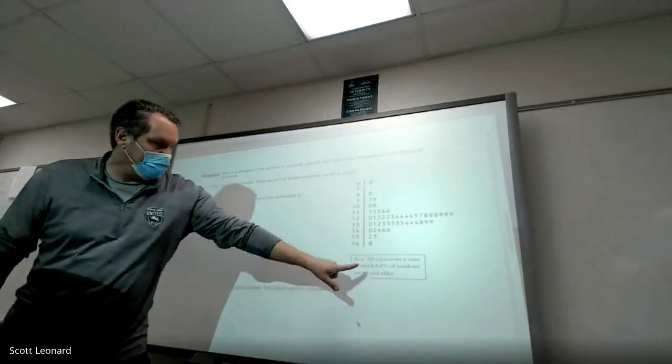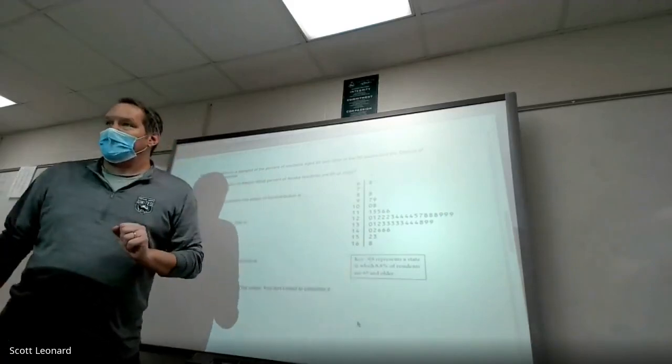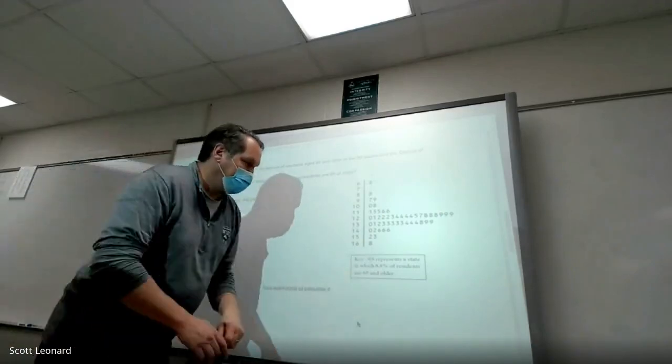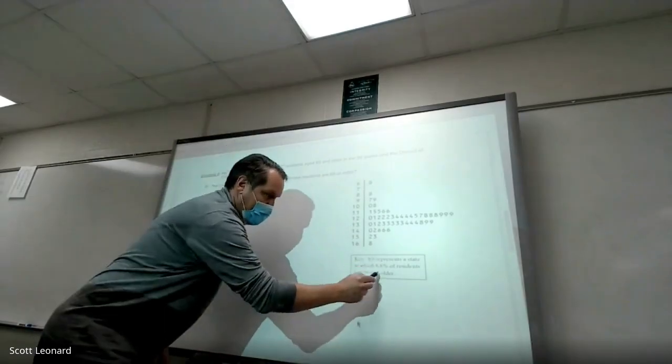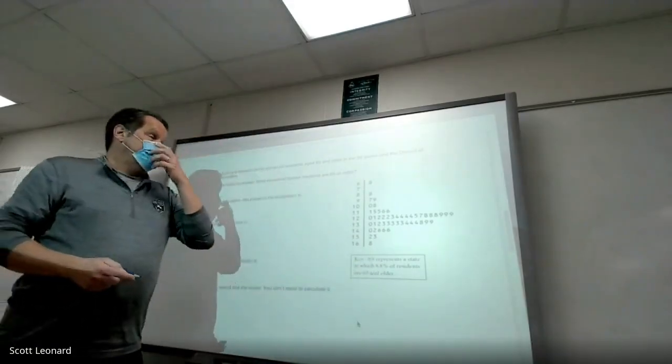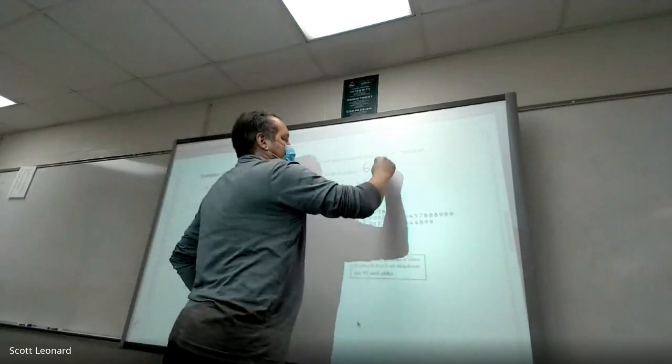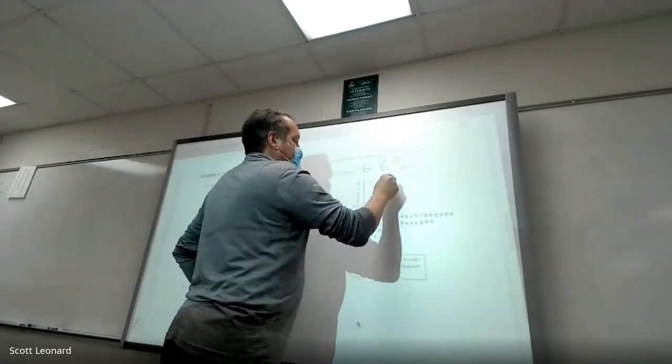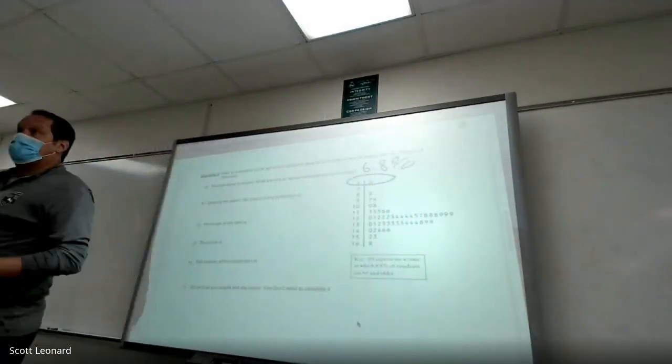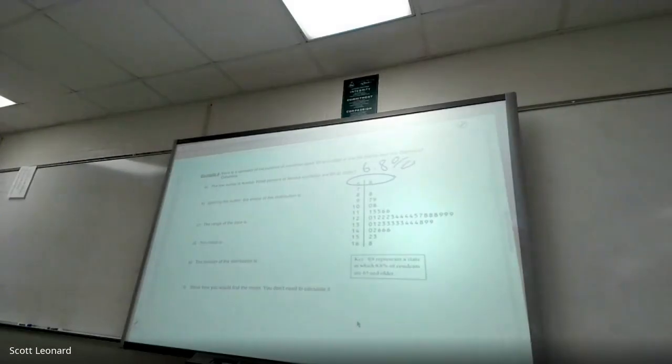Does everybody see that? You got to read the key. So the key is saying, hey, 8|8 is 8.8. So the residents of Alaska is 6.8%. This is the number that's the outlier. It's 2 percentage points away from all the others.